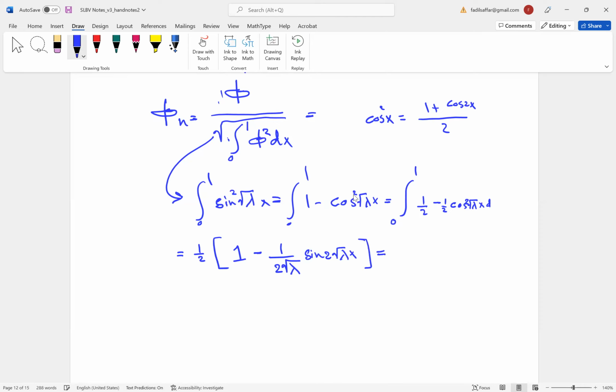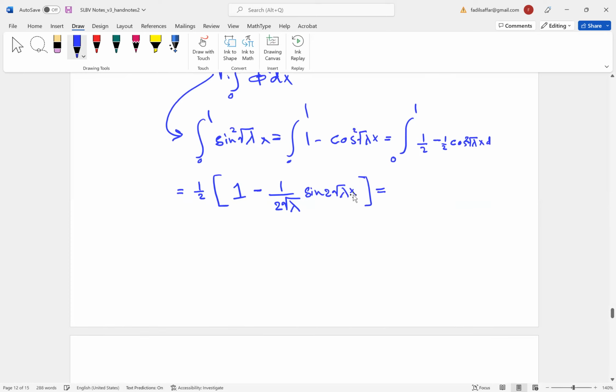And this one here can be expressed as the following as well. We have 1 minus, we have 2 sine 2 square root of lambda, which can be expressed as 2 times sine square root of lambda x cosine square root of lambda.